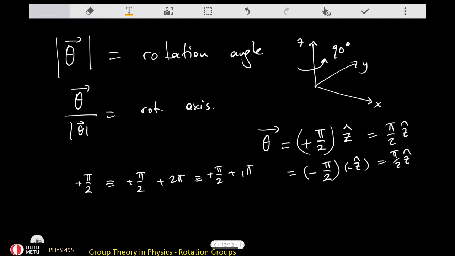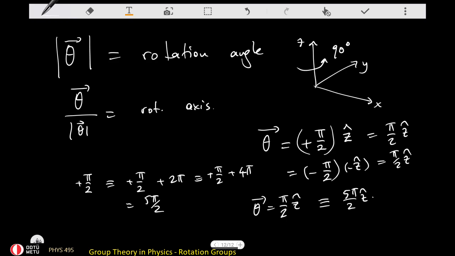Okay, so let me write this correctly. So this is 5 pi/2. So somehow, therefore, a rotation vector which is pi/2 times z is equivalent to 5 pi/2 times z. I just keep this in mind. So there is this arbitrariness in here, but the arbitrariness is in the magnitude of the rotation angle.